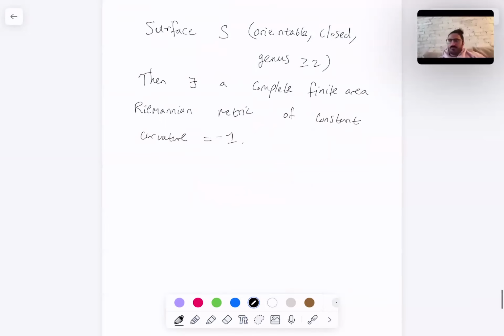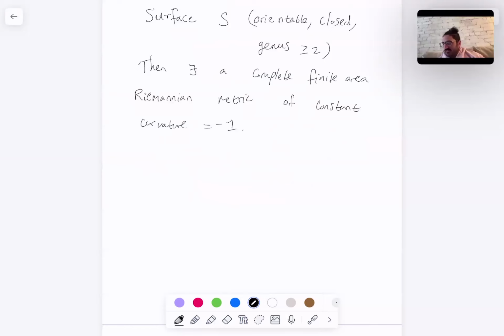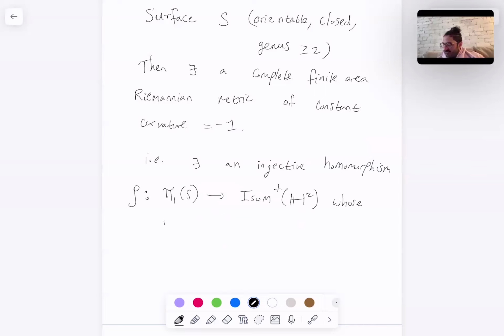Okay, and there's many ways to think about this. Like if you're more algebraically minded, like I can tend to be, maybe you want to think about this as, another way to think about this is, there exists an injective homomorphism, let's say rho, from the fundamental group of the surface into the orientation preserving isometries of the hyperbolic plane, whose image is discrete.